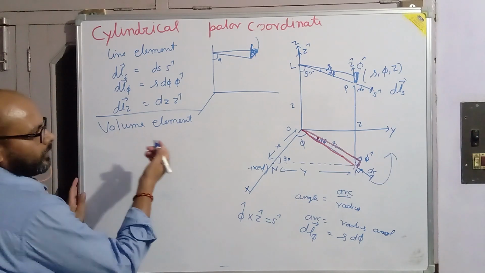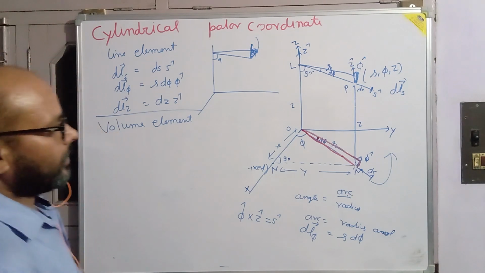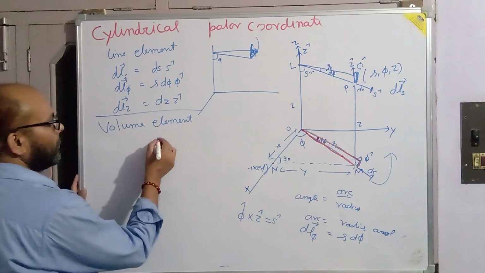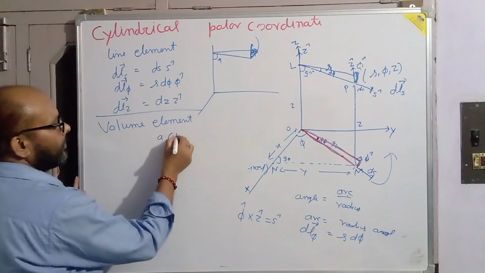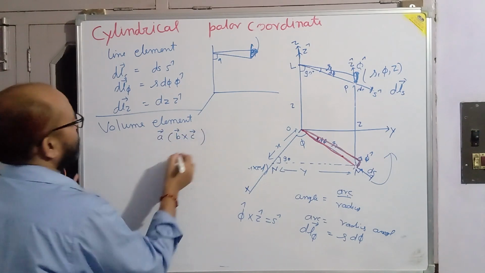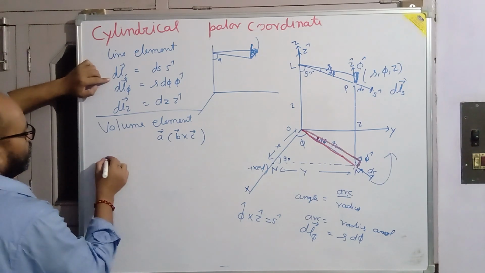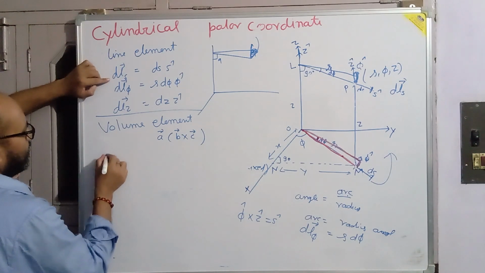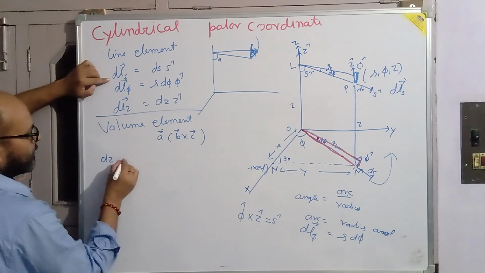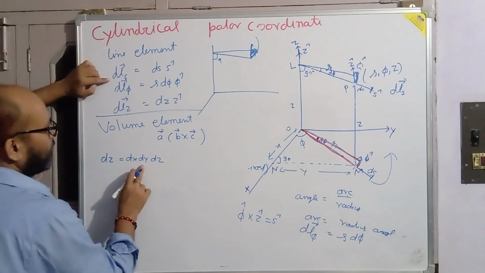I have already discussed in the previous lecture that the volume of the parallelepiped equals a vector dot b cross c, right? So suppose three line vectors. So here d tau means dx, dy and dz, that is volume element.